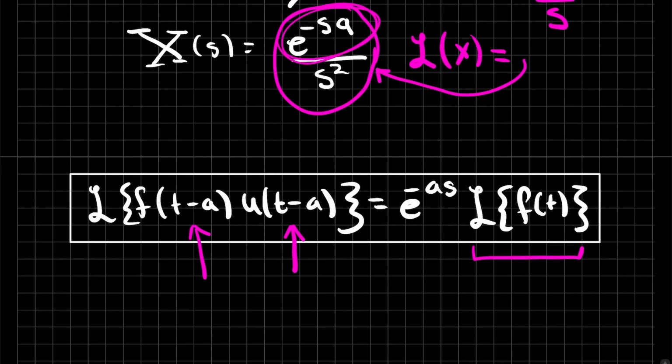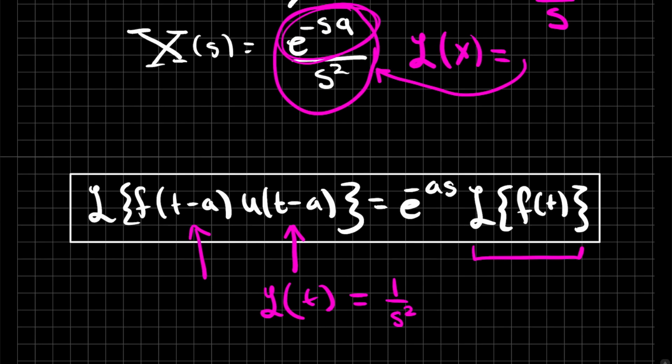So taking a look at this, what we want to look at is the function 1 over s squared. So there are tables, and this is a function that we actually worked with last time, and the Laplace transform of t is this here.